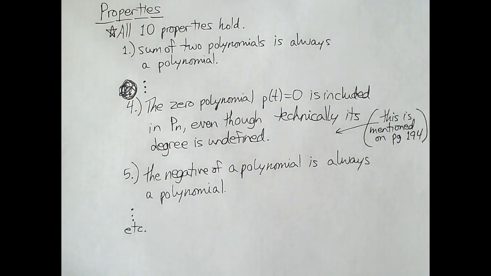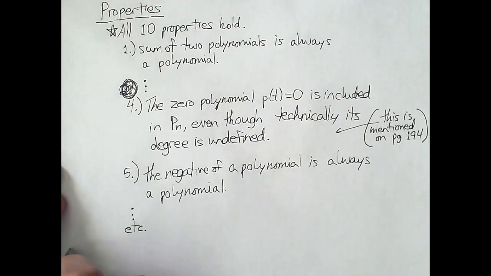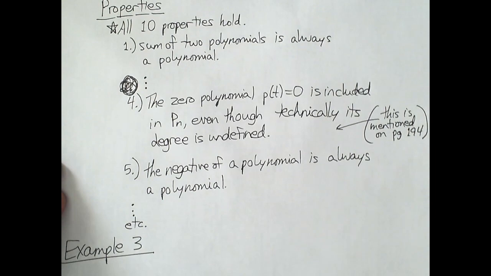But I think I want to show you one more example first of another vector space. So far, the two that we've seen are Rn, which is the set of all column vectors with n entries, and Pn, which is the set of all polynomials of degree at most n. Example 3 of a vector space.